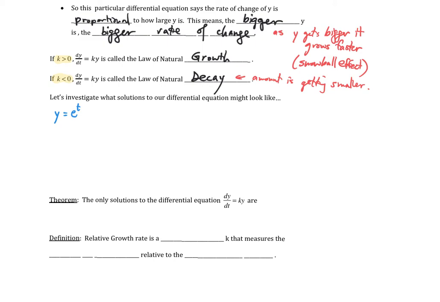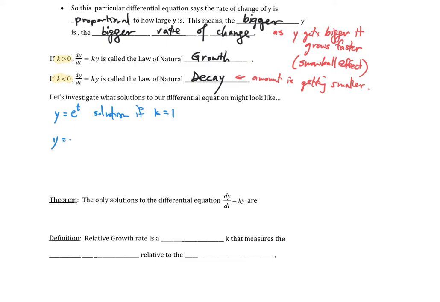So this is a solution if k was equal to 1. Well, what happens if k is not equal to 1? We know that we have the chain rule, right? So let's take a look at another possibility.